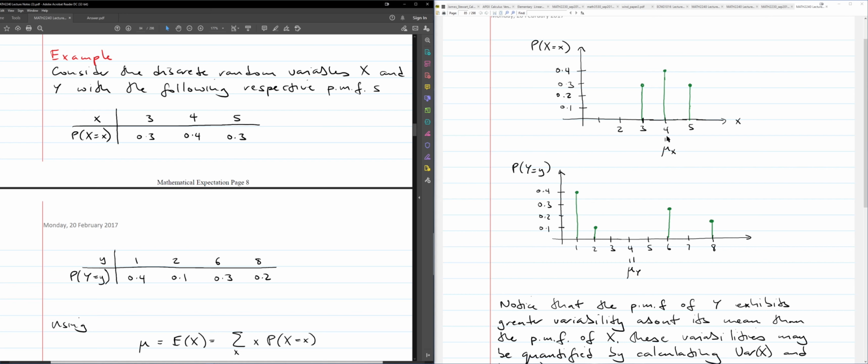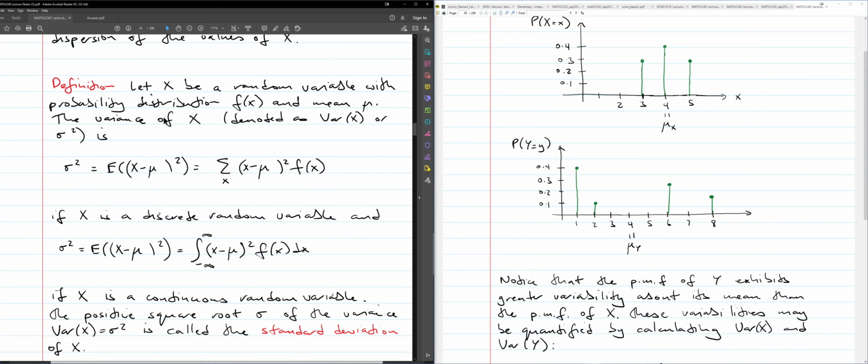And in terms of variance, well, the variance is in fact measuring spread about the mean, dispersion about the mean. So what you would expect is that the variance of the random variable x would be smaller than the variance of y, because you have more spread about the mean for y than you have for x.